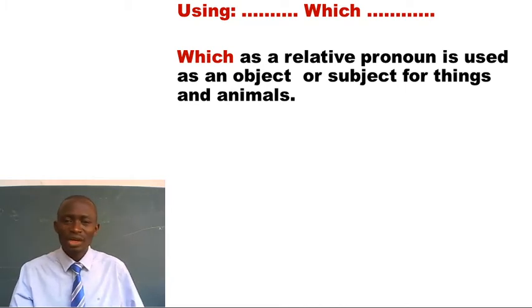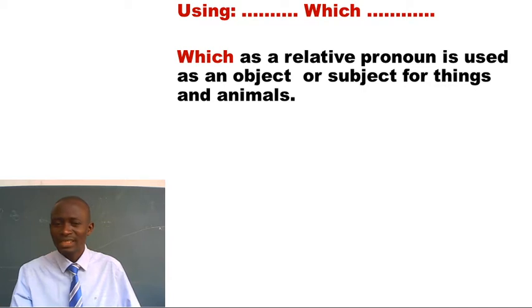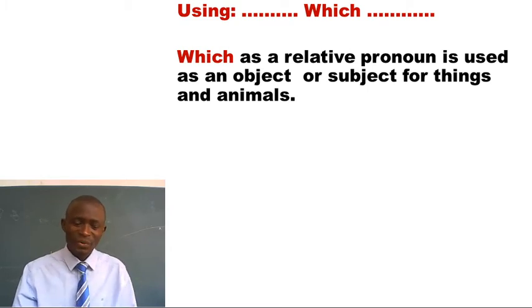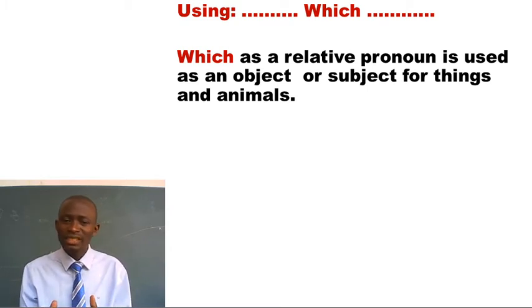So we're saying which, as a relative pronoun, is used as an object or subject for things and animals. Yes, we use it as an object. For example, I can say, I saw a cat. It passed in front of our door.